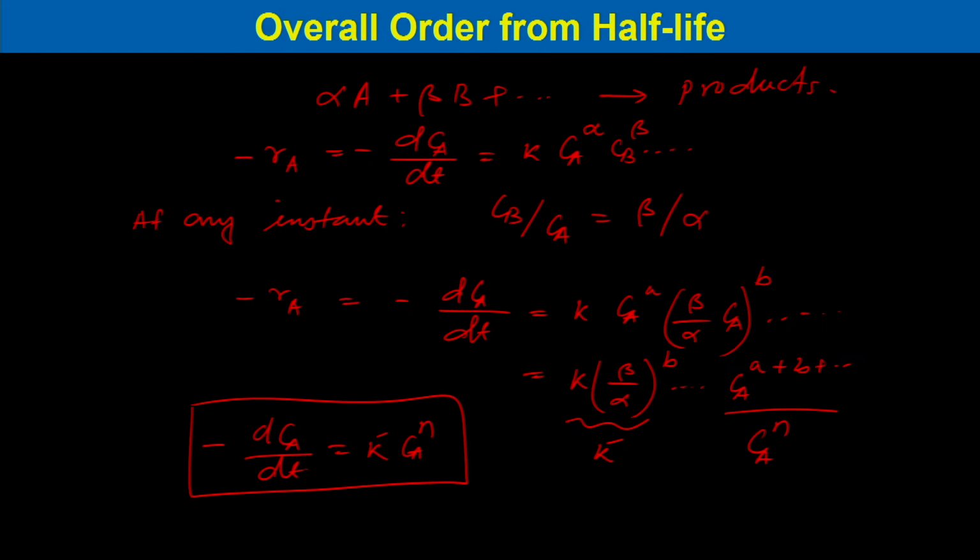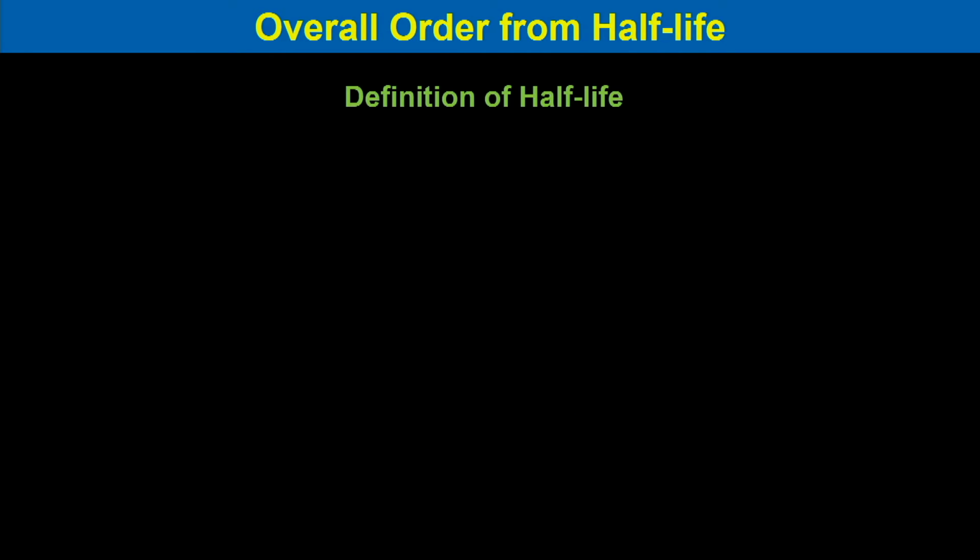Now, if we integrate this relation for n not equal to 1, we would obtain C_A to the power 1 minus n minus C_A0 to the power 1 minus n, which would be equal to k dash into n minus 1 into t.